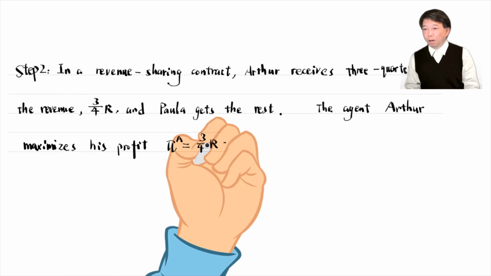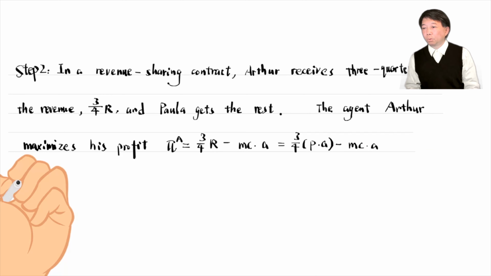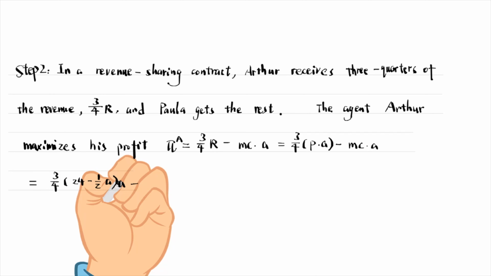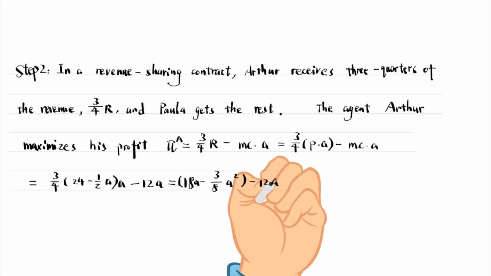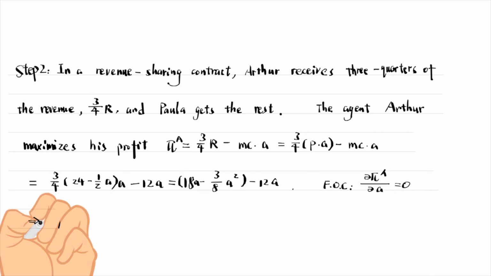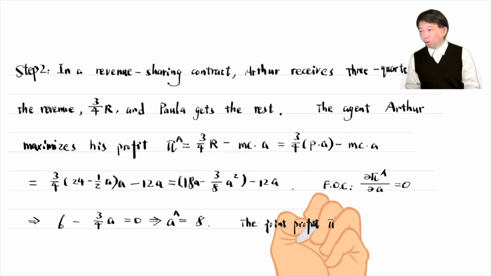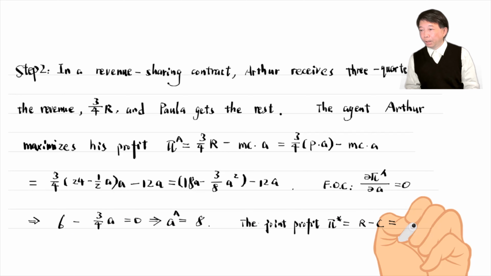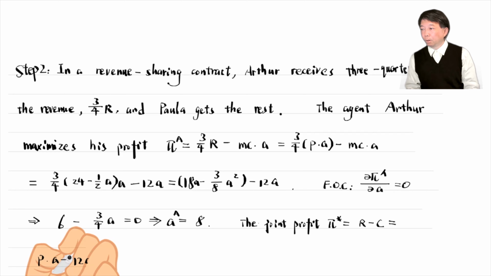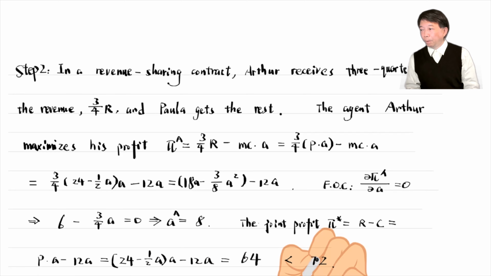The agent, Arthur, maximizes his profit at a quantity of 8. And the joint profit at this production level is 64. Both quantity and joint profit are lower than the optimal levels.